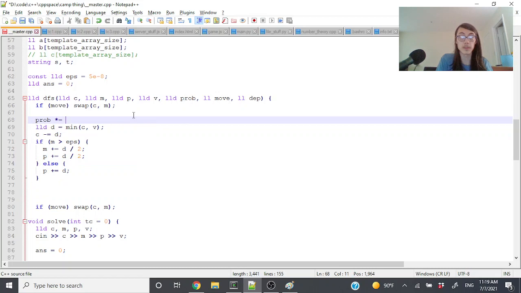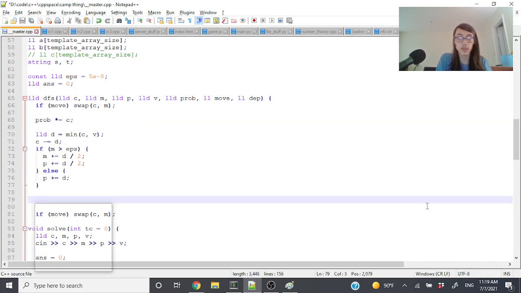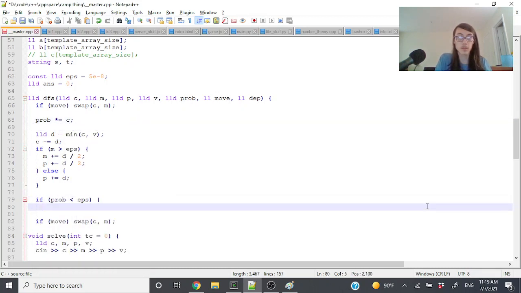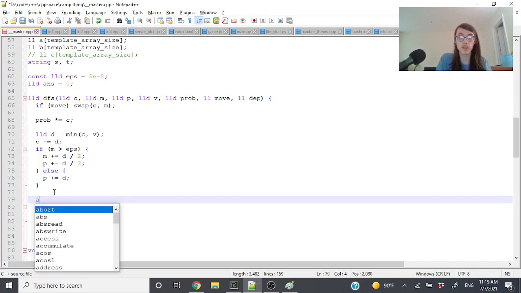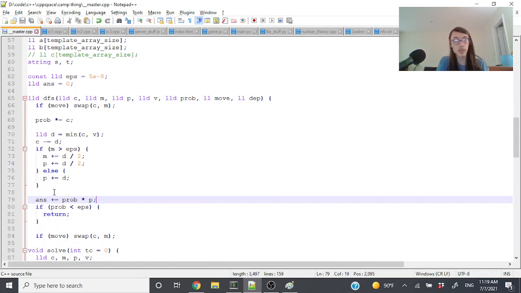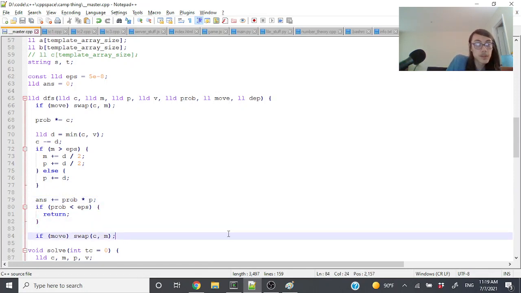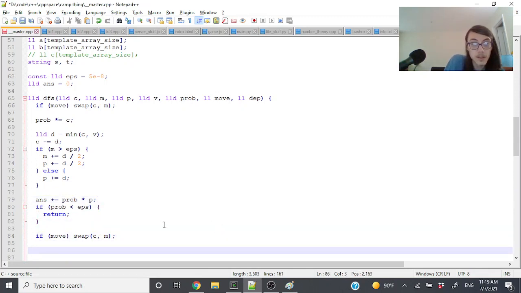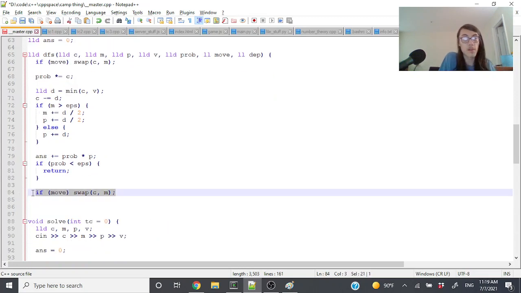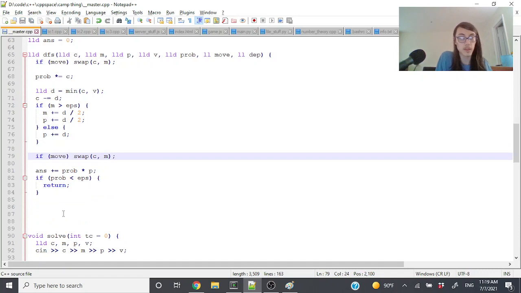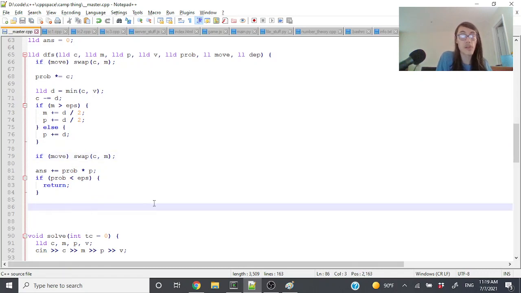Prob times equals C. So then it's plus equals prob times P. That's the chance that this is the last move. Okay, now the recursive call with prob 0, depth plus 1.